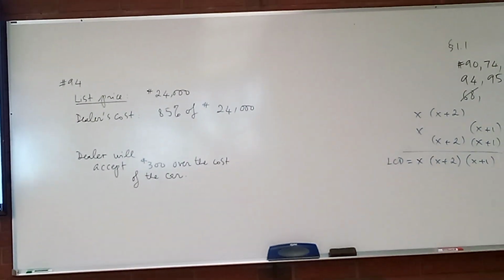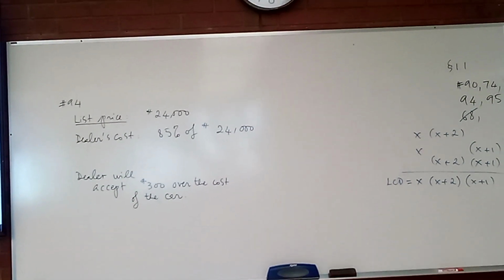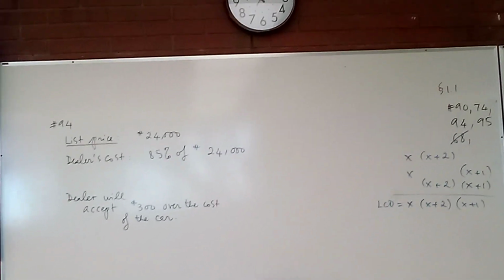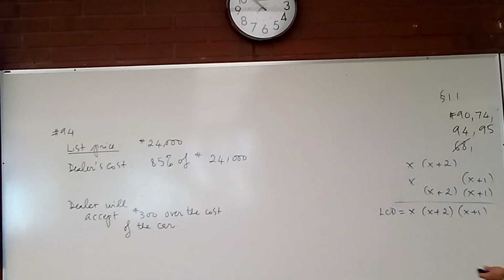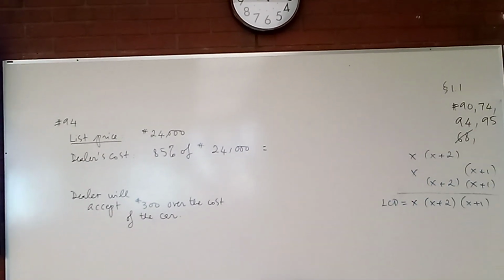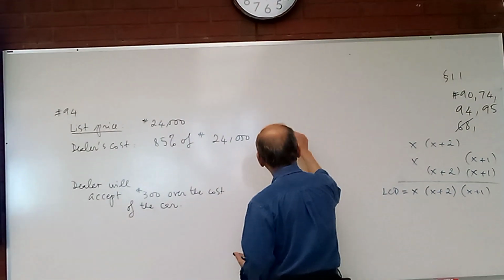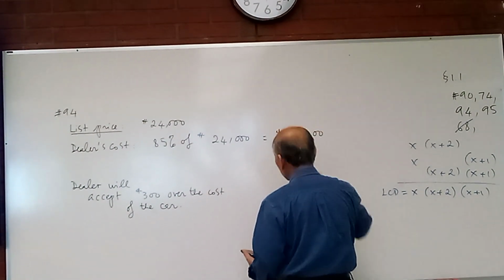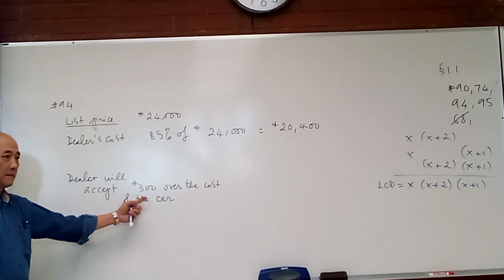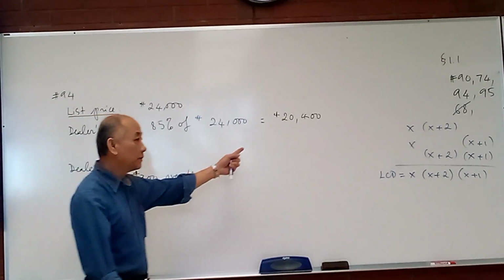The dealer cost should be 20,400. And the dealer accepts $300 over, what does it mean? Just plus 300 to that price.